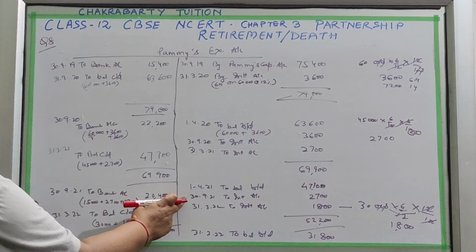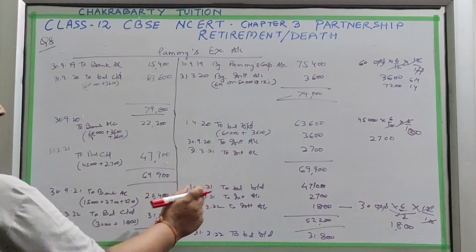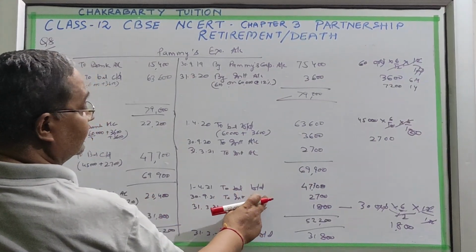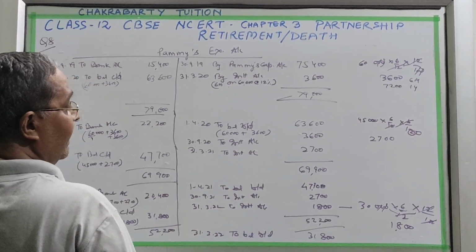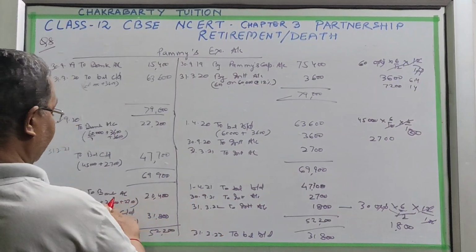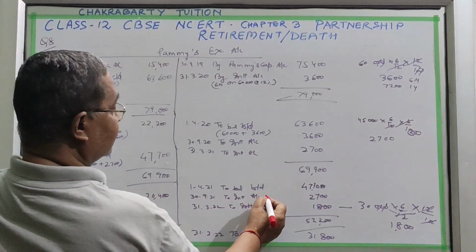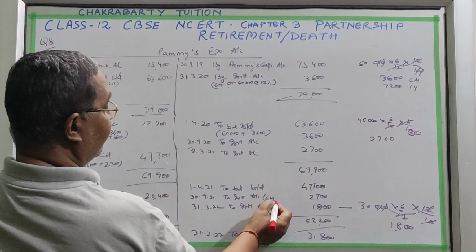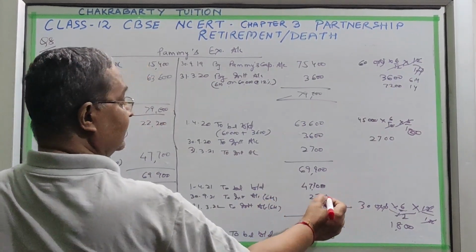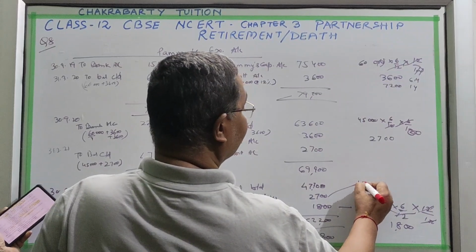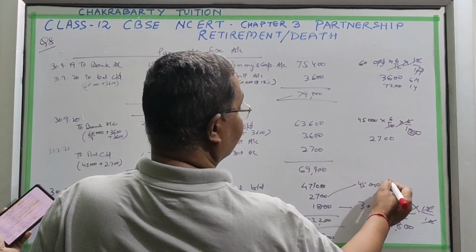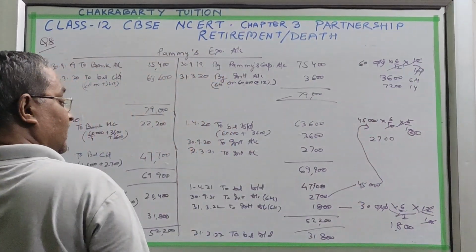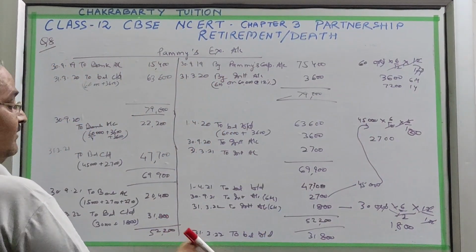On every September you calculate 6 month interest, this is the last year's portion. 6 months on this 30,000 and 6 months on 45,000. Likewise you can calculate further 2 years.